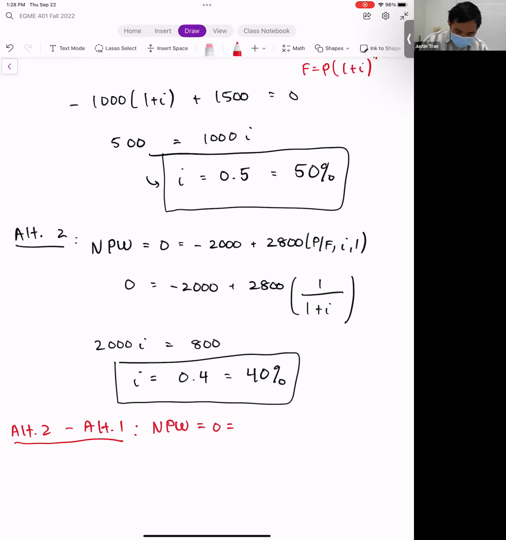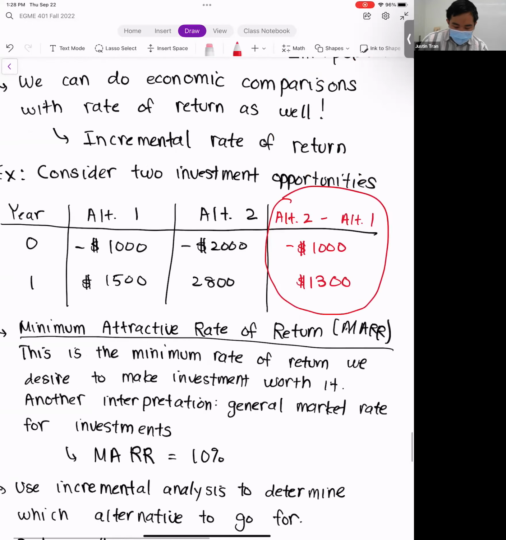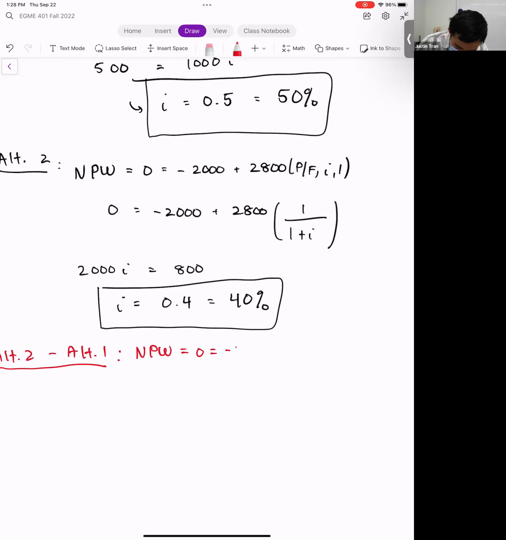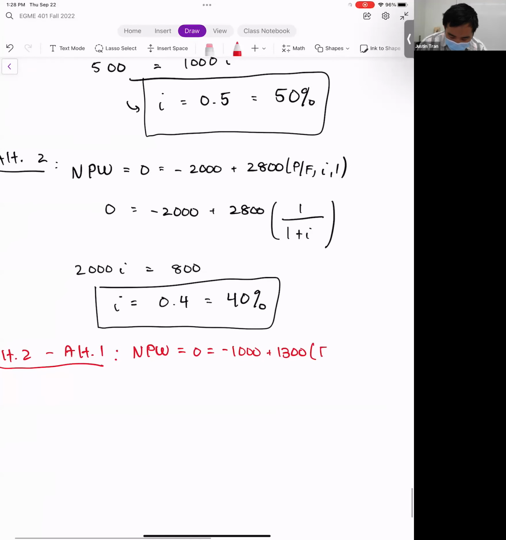From this 3rd column, you can see we have an initial cost of minus 1,000. And then we have a benefit of 1,300 occurring 1 year into the future, and so that's going to be P over F, i, 1.